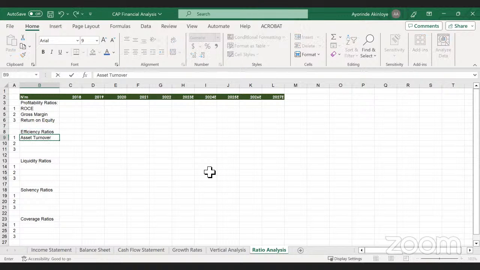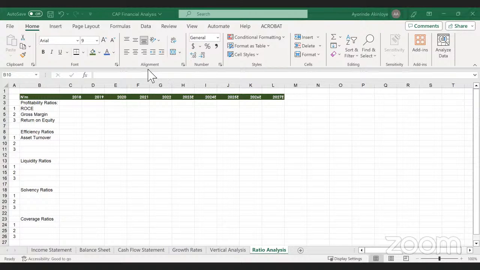I want to do those calculations that will lead me to the cash conversion cycle, so that you understand that. So I'll do asset turnover. Let me see which other. Someone asks for return on assets. When we do return on equity, return on assets is very straightforward. I think I will spend more time on efficiency ratios.